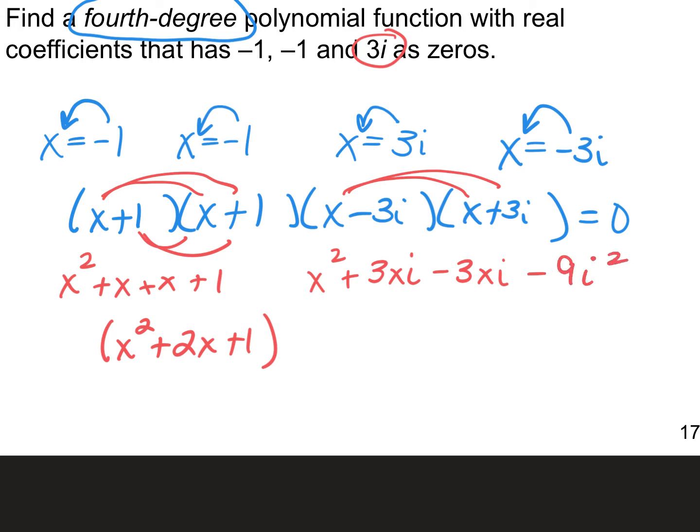What happens when you see i squared? You cross it off and you change the sign. So I have left x squared. What happens with positive 3xi and a negative 3xi? They cancel out. And you have plus 9 equals 0. Do you guys see how we're working backwards? If you were to solve x squared plus 9, you go, oh, that's an imaginary.